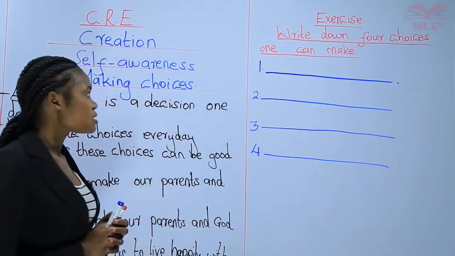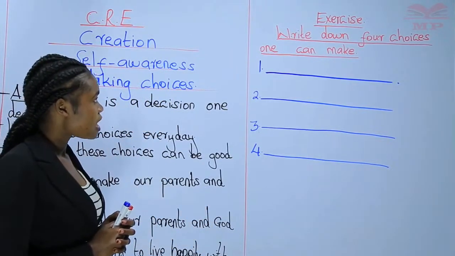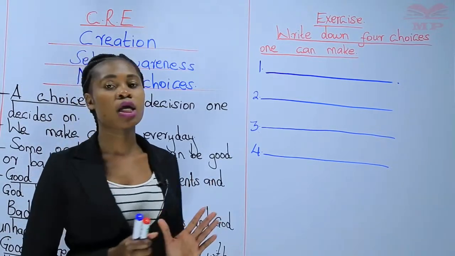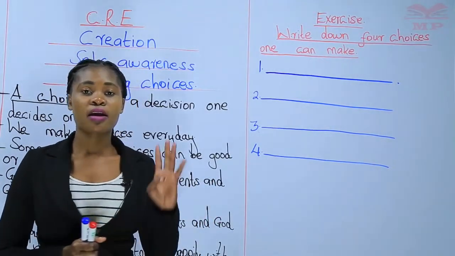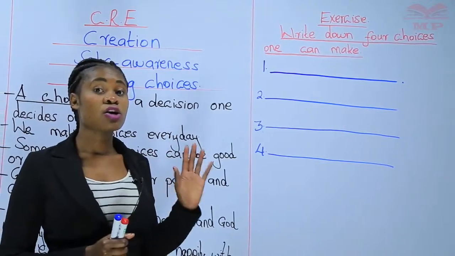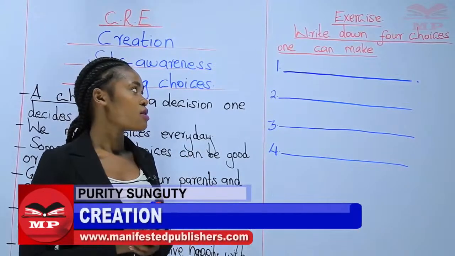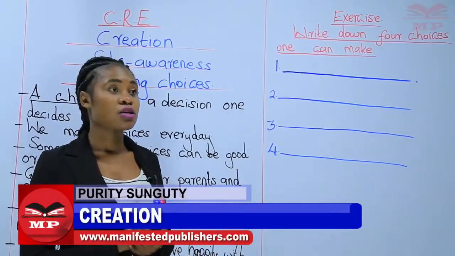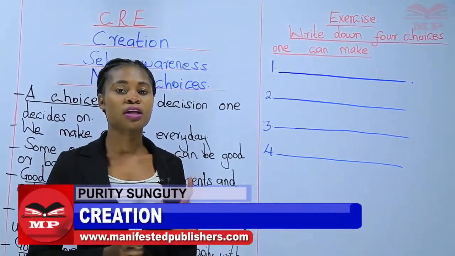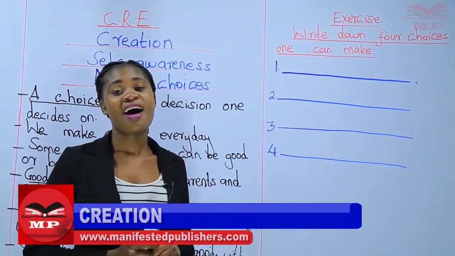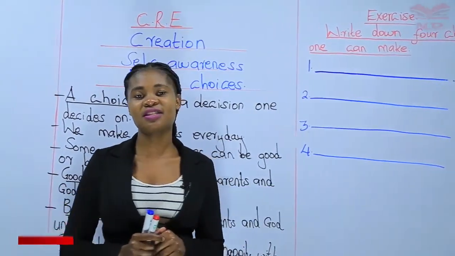So you write the choices that one can make in the blank spaces provided, number 1, 2, 3, and 4. And make sure that you are also going through your work just to identify if there is any mistake that you might have committed. So until next time, I have been Teacher Purity.